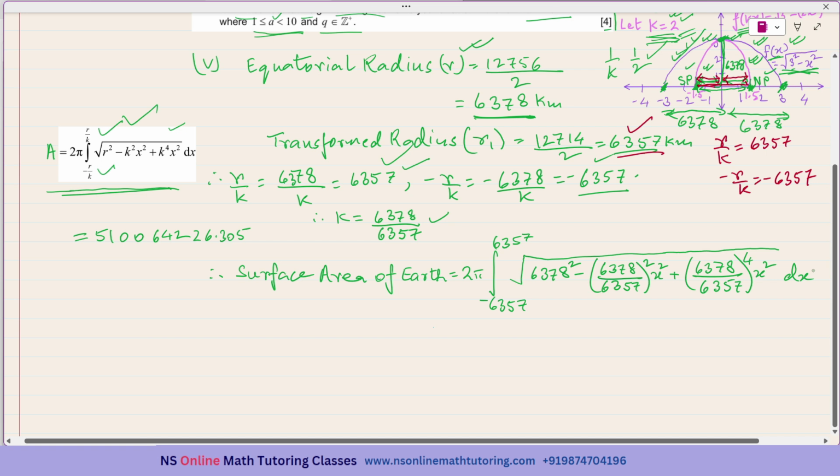So this is equal to 5100642.305 kilometers square.